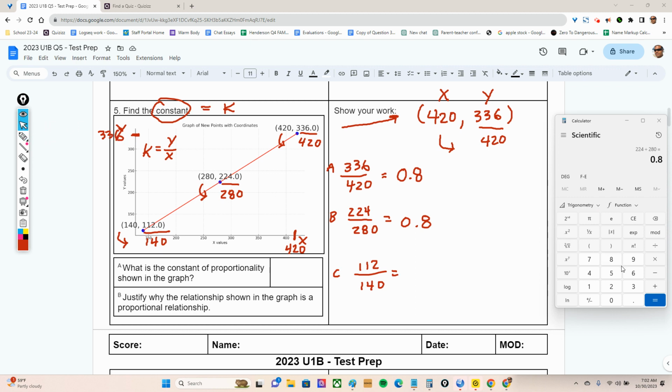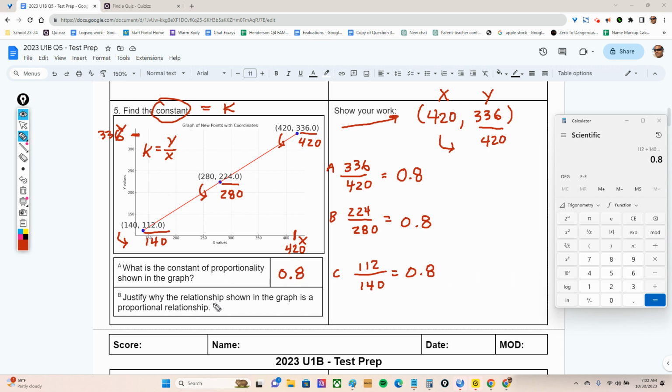You should be doing the same thing I'm doing. 112 divided by 140 equals 0.8. So the constant is 0.8.